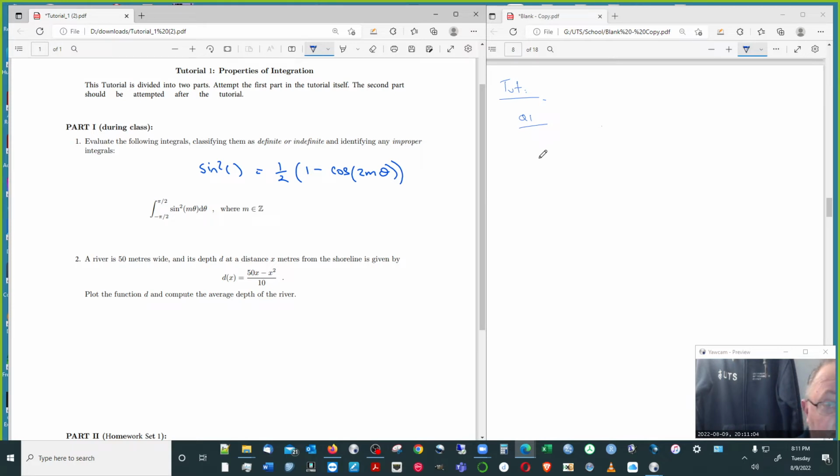So what we'll do is we'll change the integral from this guy to this one, and we'll insert our substitution.